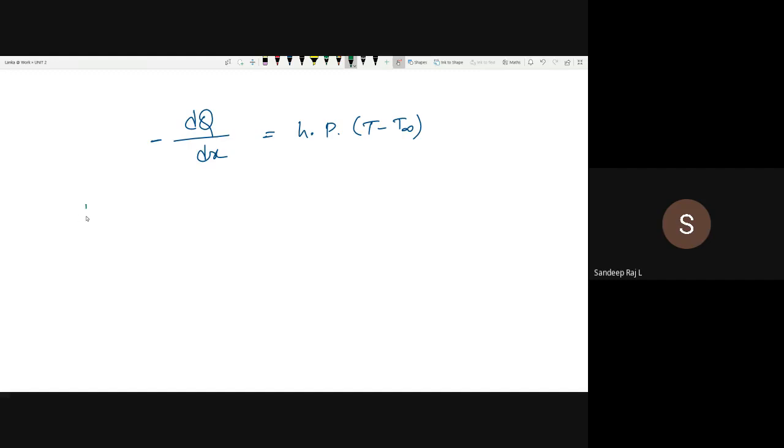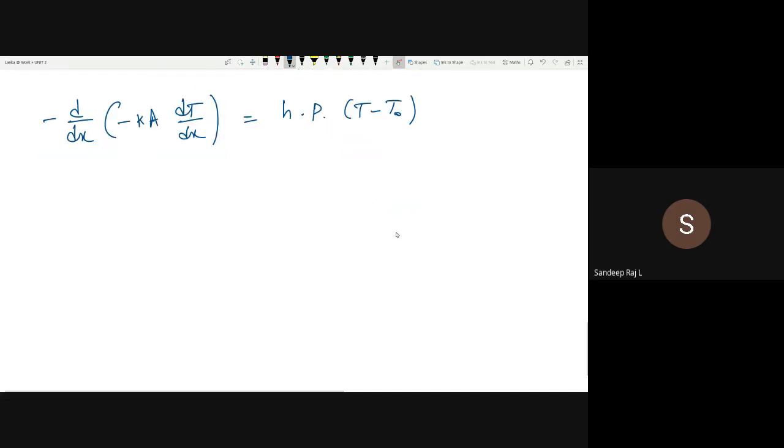But what is this q here? According to your Fourier's law of heat conduction, q is equal to minus kA dT by dx. So essentially I'm trying to convert this q in terms of T. As per Fourier's law of heat conduction, q is equal to minus kA dT by dx, so I have substituted it in place of q. On the right hand side, I'll leave it as it is.